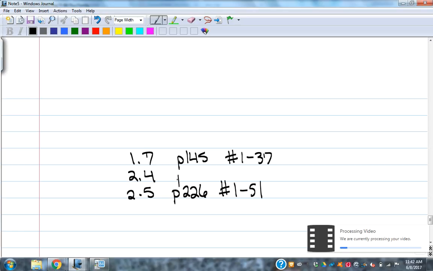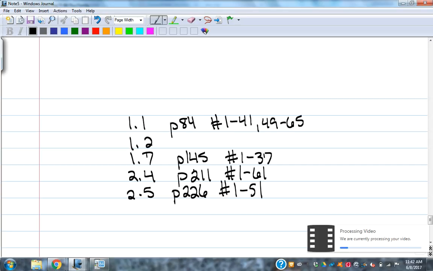2.4 was page 211, 1 through 61. And then 1.1, page 84, 1 through 41, 49 through 65. 1.2 is page 92, 14, 19 through 25.